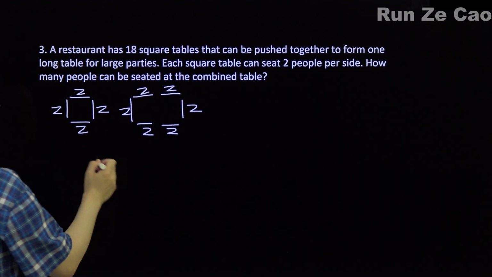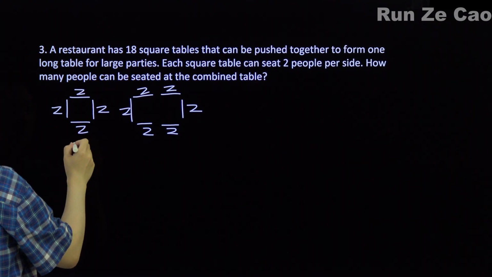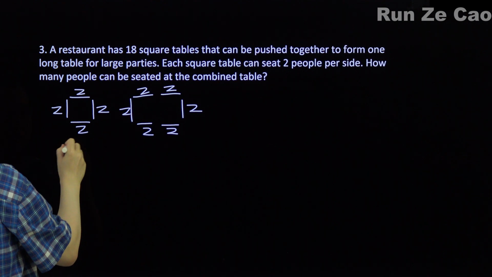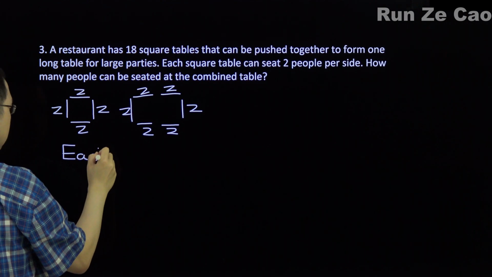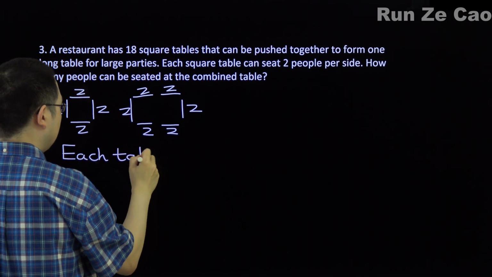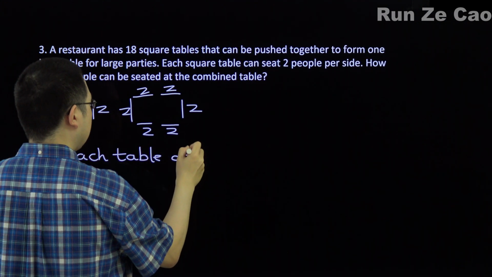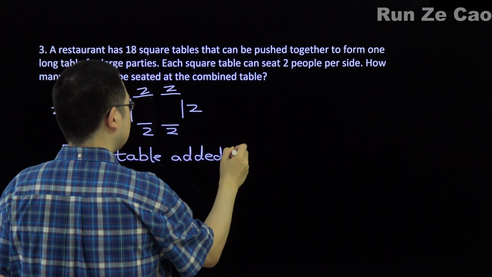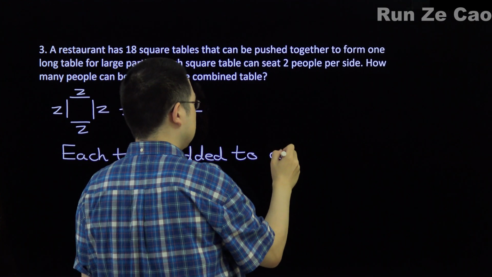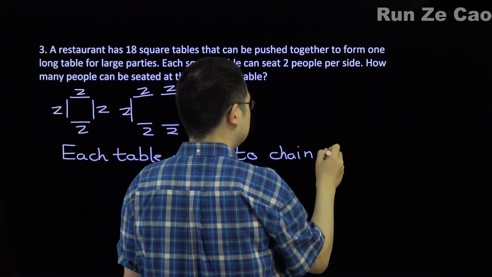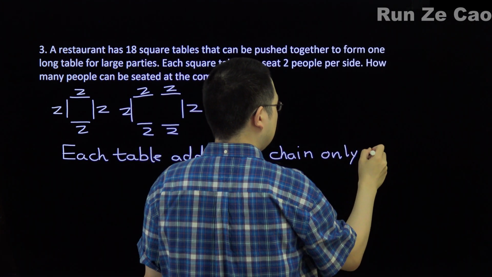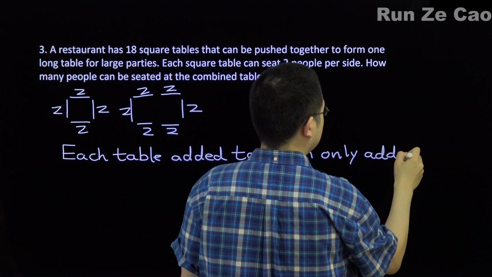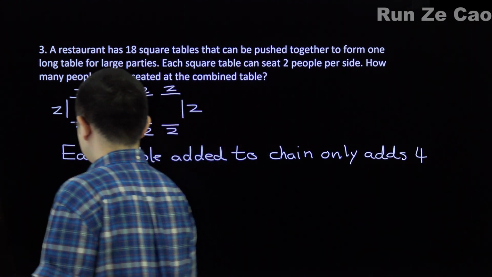So, each table added to the chain only adds 4 seats.